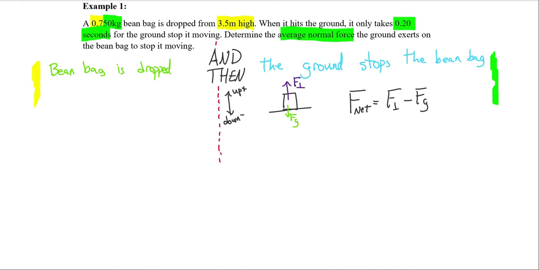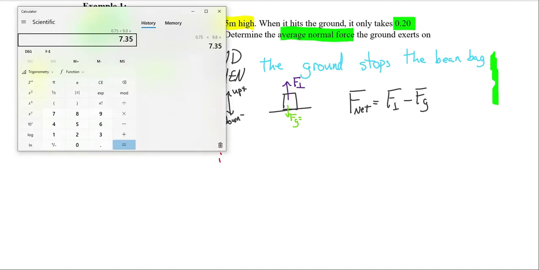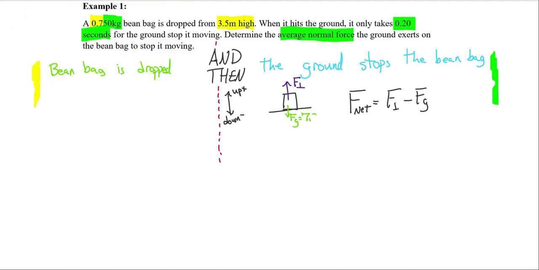Just looking at this, I actually already know how to find my force of gravity because I can take the mass multiplied by 9.8. 7.35 newtons. Now that's a start. Let's try to break down our net force equation into its formulas or variables that we know to help us. The net force is mass times acceleration. The normal force has no formula, but that's the thing that we're trying to solve for. And the gravity, we actually already know, is 7.35 newtons.